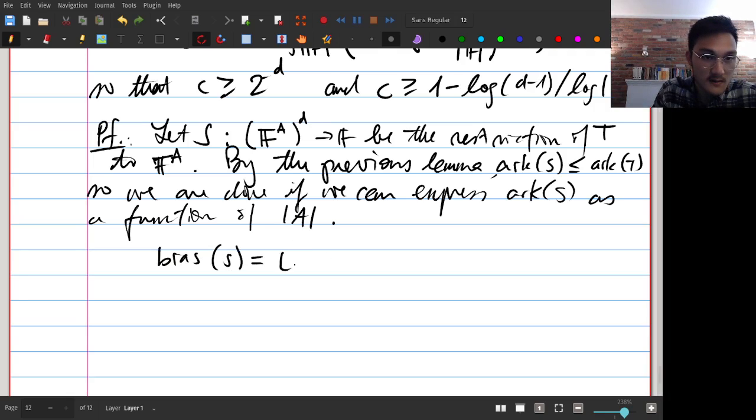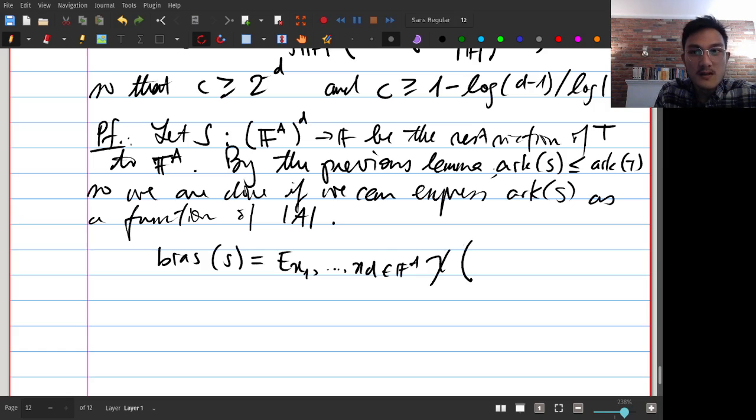Okay, so the bias of S is equal to this average, right? x1 up through xd in F to the A of chi of, but because we know that it's diagonal in this way, right, it's just the sum over all i in A of c_i times the product over j in d of x_ij, where x_ij is the jth coordinate of the vector x_i.